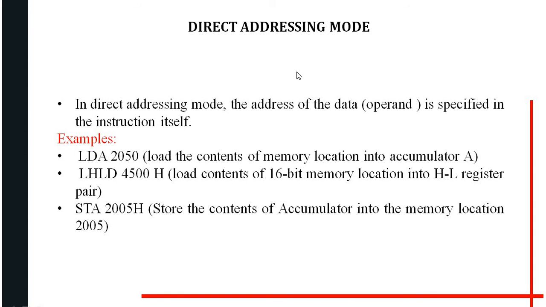Next we will move on to the direct addressing mode. In direct addressing mode, the address of the data, that is the operand, is specified in the instruction itself. In immediate mode, we specify the data in the instruction; in direct addressing mode, we specify the address of the data.